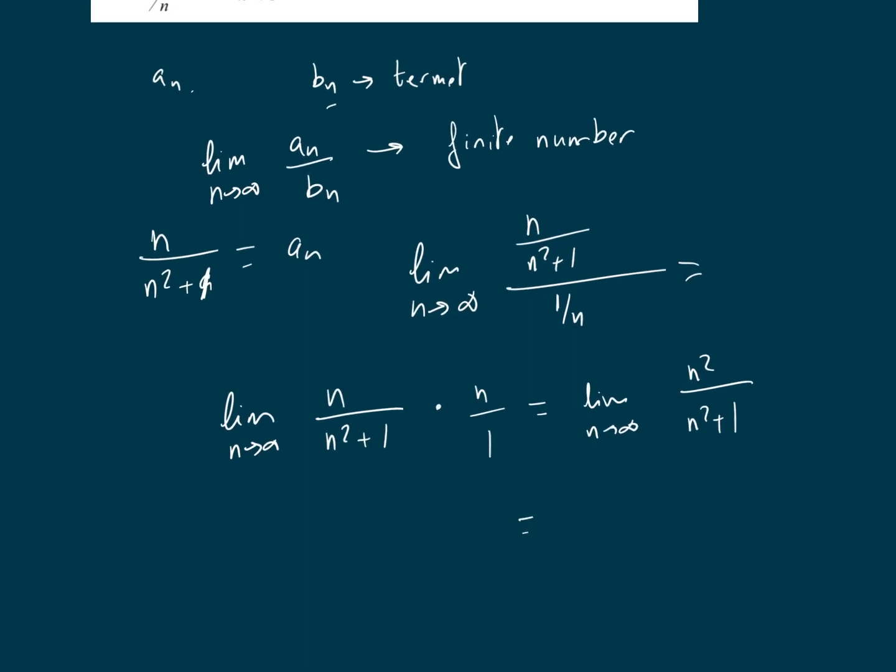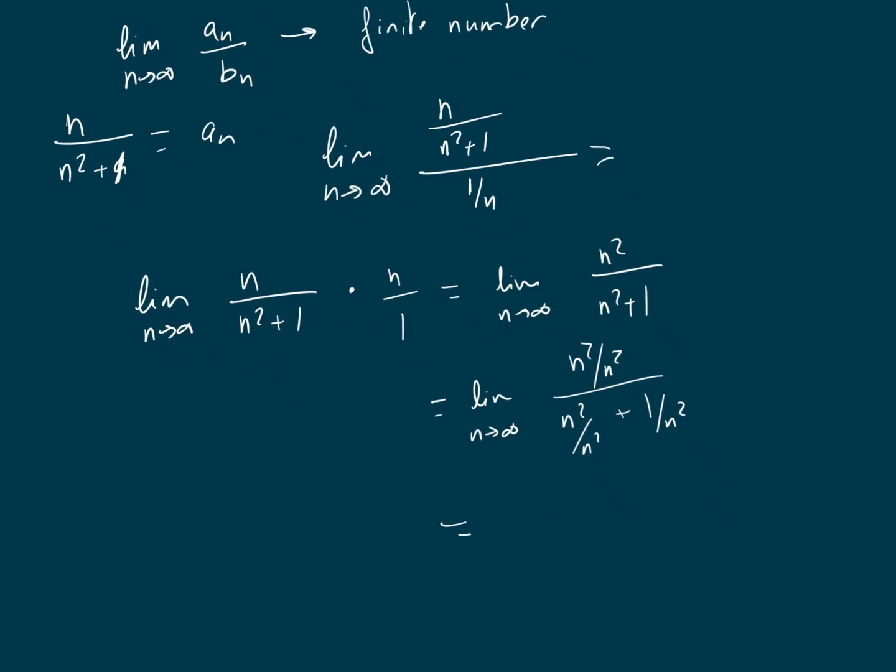I will divide numerator and denominator by n squared, and this limit will be equal to 1 divided by 1 plus 0. 1 divided by 1 is 1. Because 1 is a finite number, the limit is finite, so the structure, the V sub n was divergent, so this series diverges. Wow.